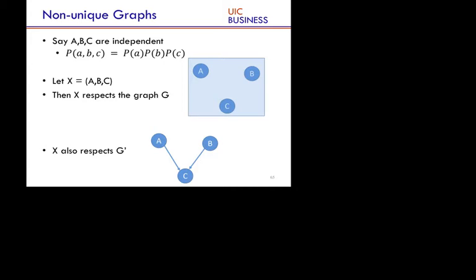There are no parents for any of these nodes, so I would get these factors. So this set of random variables respects that graph, or this joint distribution respects that graph. It's the same thing. But you can also see that X also respects this other graph, which is G prime.